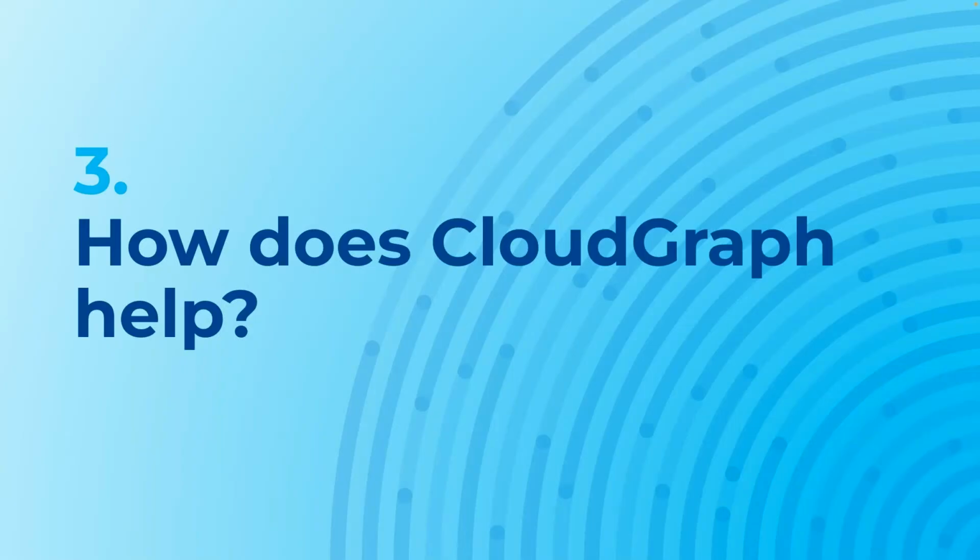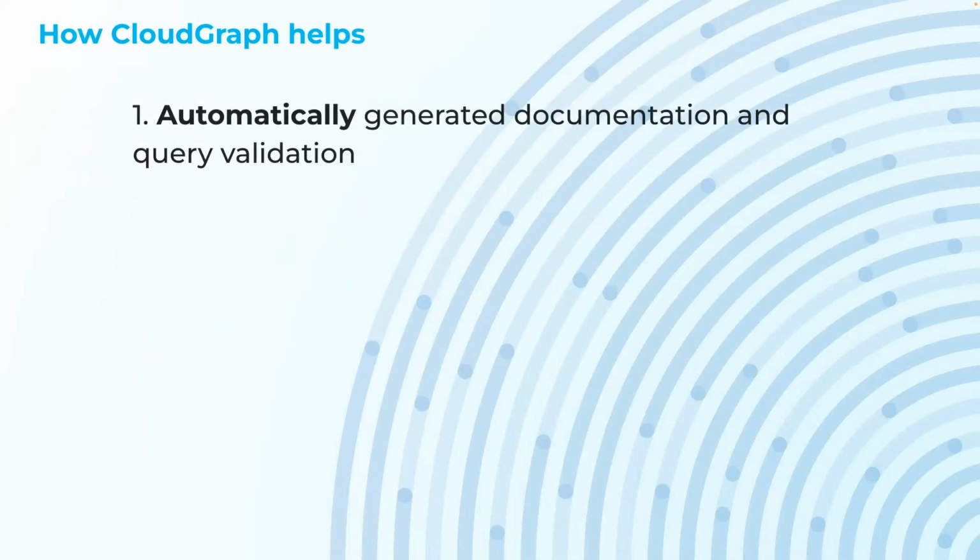So how does Cloudgraph help with this? First of all, we have automatically generated documentation and query validation. Due to how Cloudgraph is powered by GraphQL, GraphQL being a strictly typed specification on top of REST, it's able to provide comprehensive and really quite easy to search documentation in the browser playground that appears once you've finished a scan.